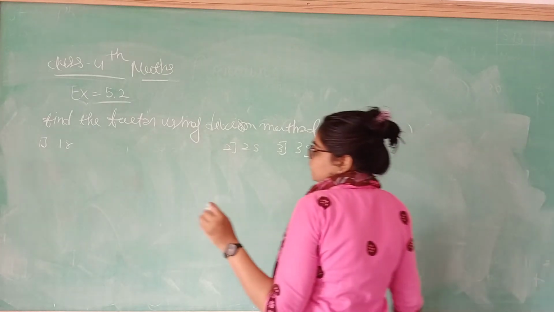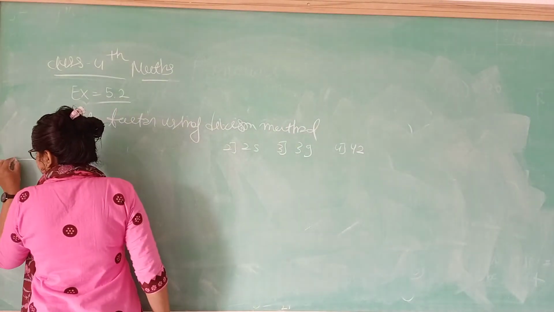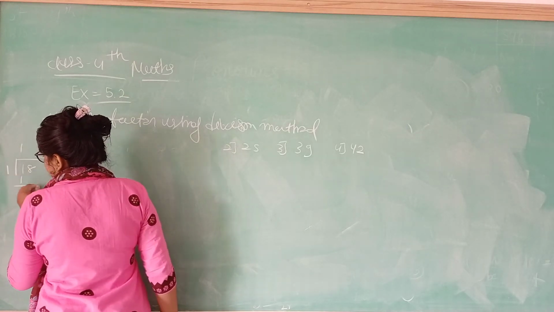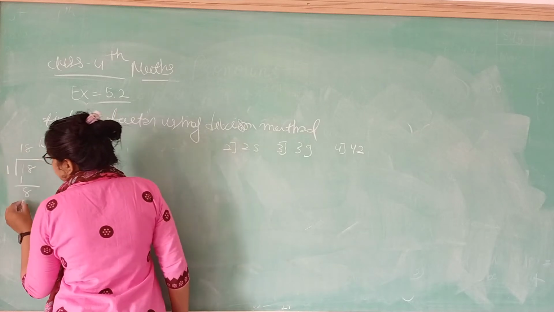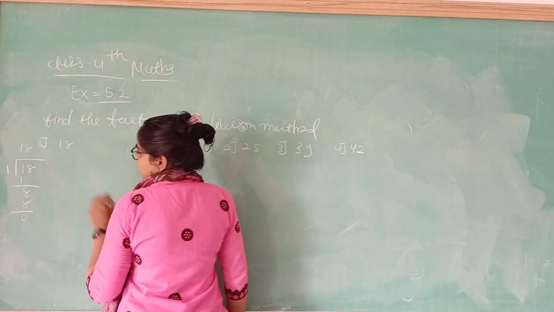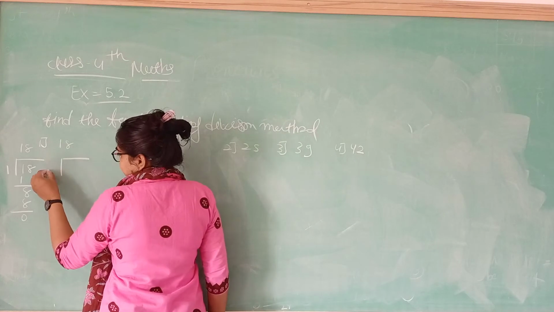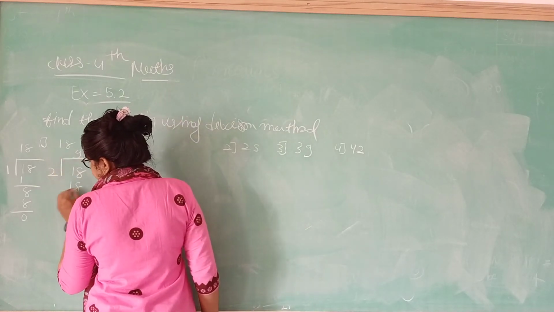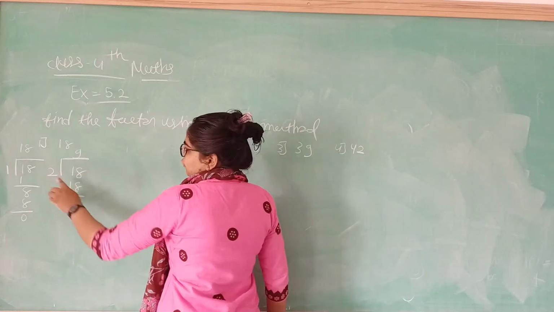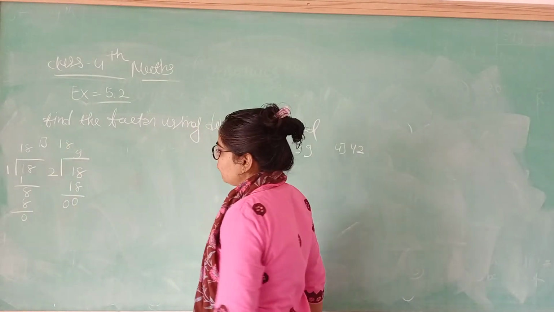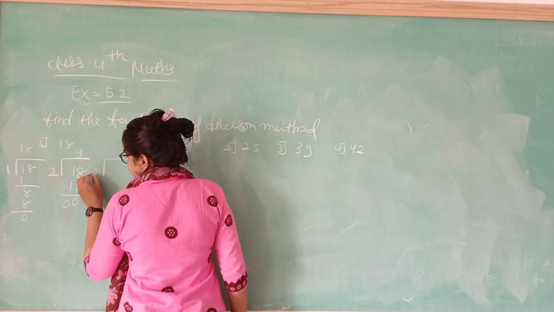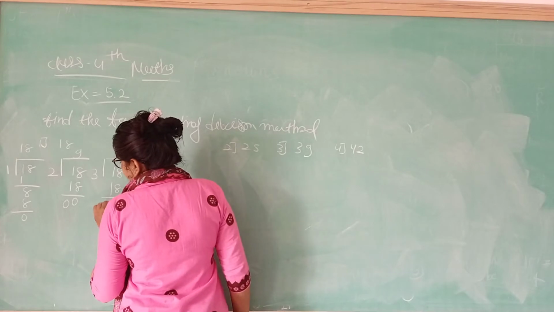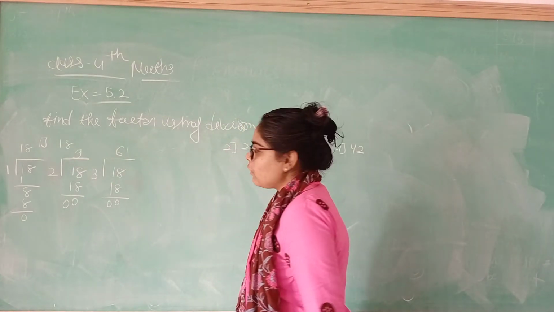Okay, my dear students, what do we do? First of all, 18 divided by 1. Okay, 1 ones are 1, then 1 8 is 8. So 1 is a factor of 18. Then 2: 2 9s are 18, so remainder 0, so 2 is a factor of 18. Then 3: 3 6s are 18, so remainder 0, so 3 is a factor of 18.